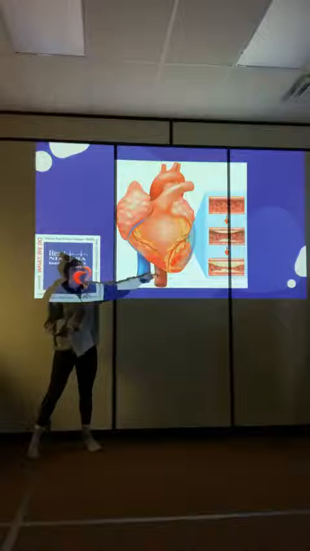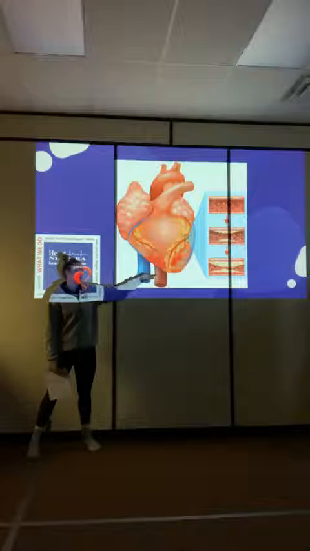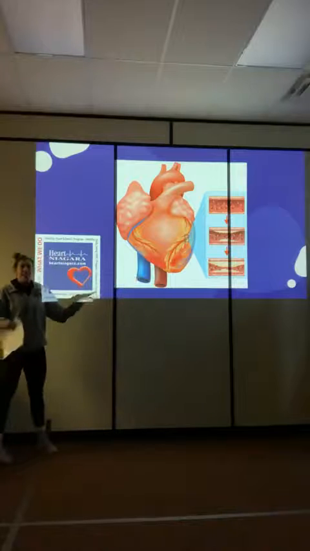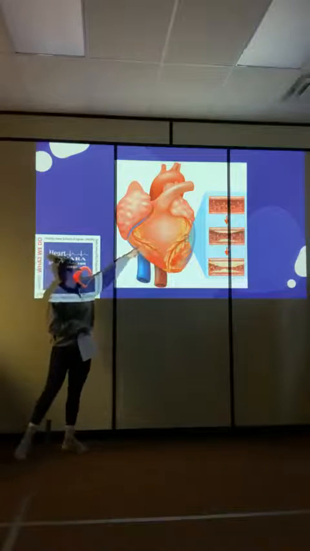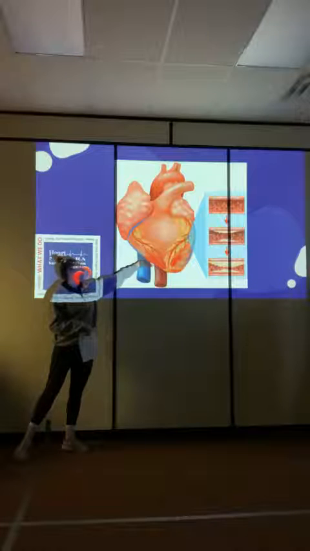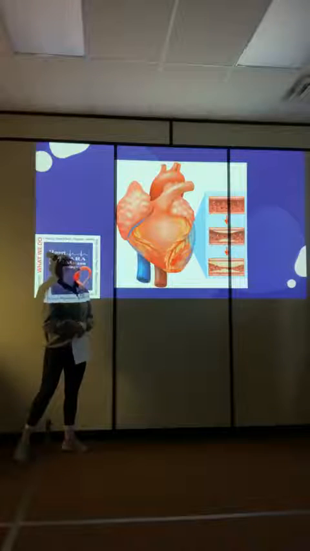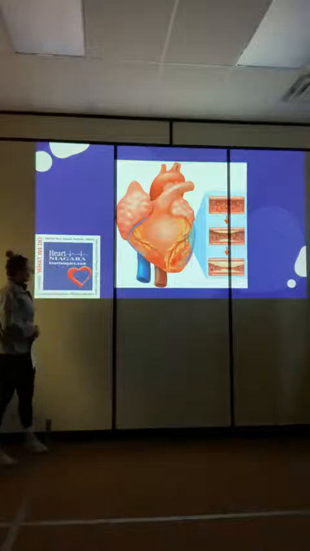There's not enough space for that blood to flow through efficiently, which can cause blockages in these arteries, which are the coronary arteries. Then the heart is not getting blood, and you have a bunch of issues that way.